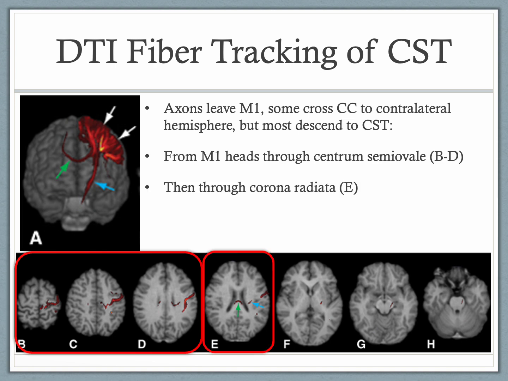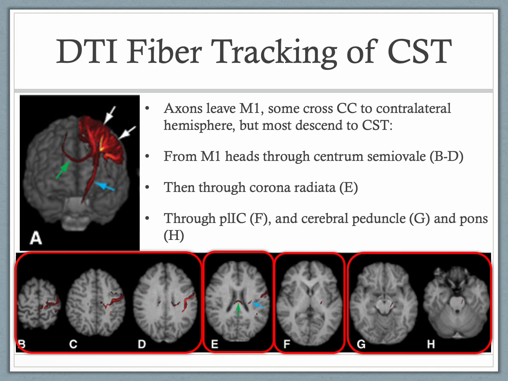So from M1 it heads through the centrum semiovale, as we see in B through D, and then through the corona radiata in E, and then through the PLIC in F, and the cerebral peduncle and pons in H.